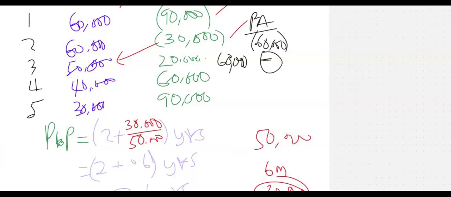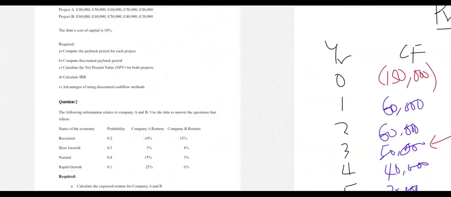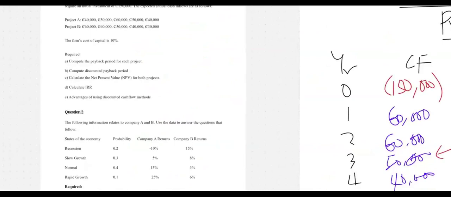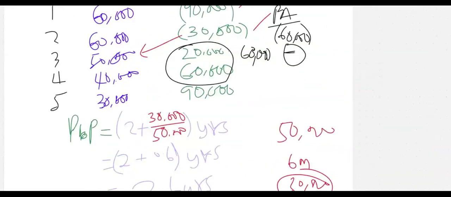Meanwhile, by the time project A will start earning income in year 4, by that time project B has earned 60,000 revenue. So this is 50,000 for project A. That's the cash flows.